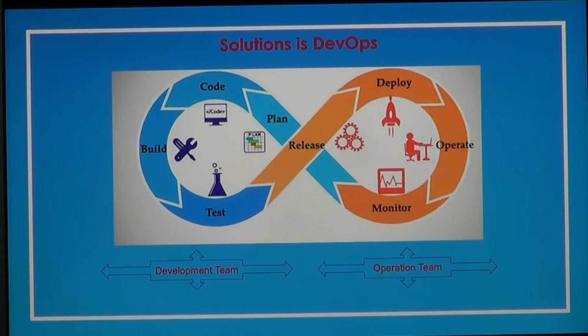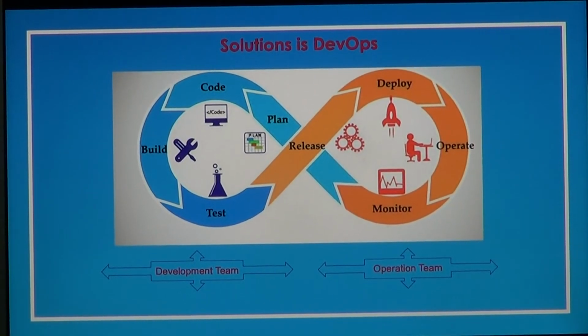Okay, so this is the complete life cycle of DevOps. Here is the planning stage, then coding, building, testing, then release, deploy, operate and monitoring. So this is happening continuously.